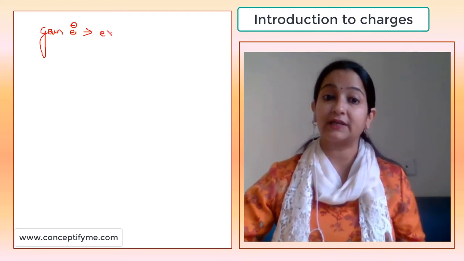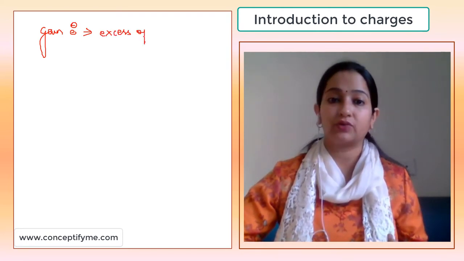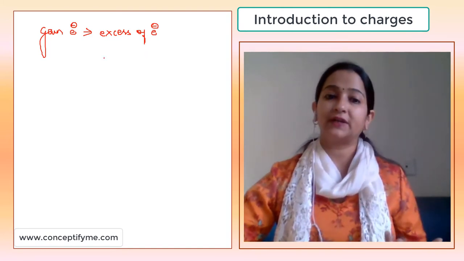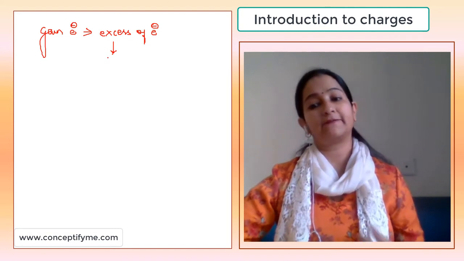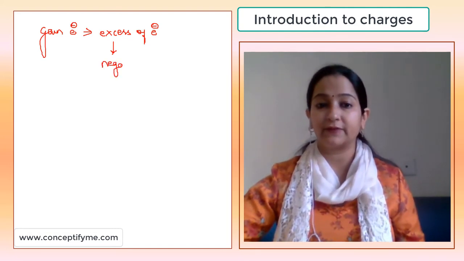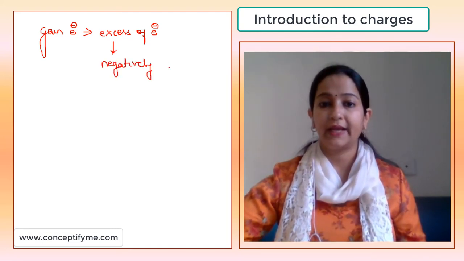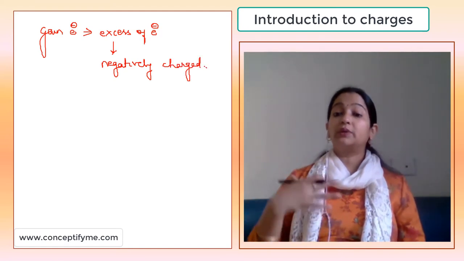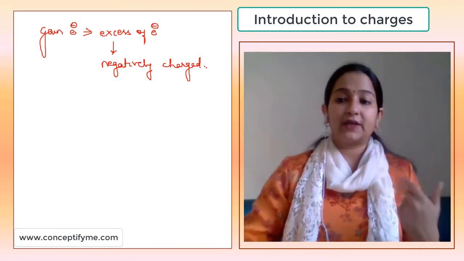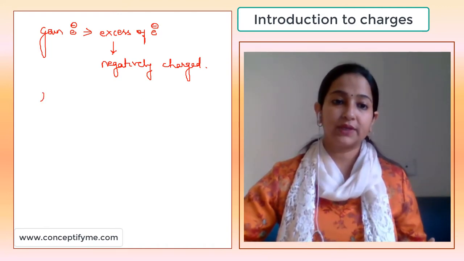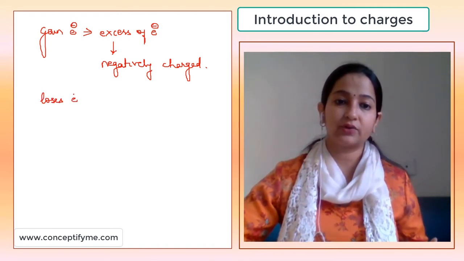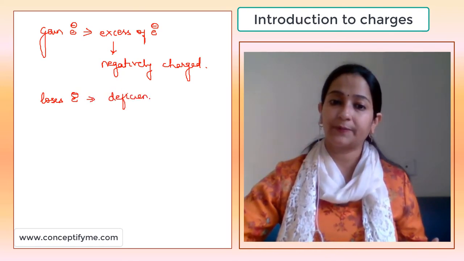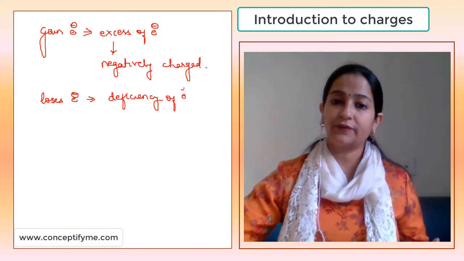If a body gains electrons, obviously what does that signify? It signifies that it has an excess of electrons, and then the body becomes negatively charged. Whereas the body which loses electrons has a deficiency of electrons.